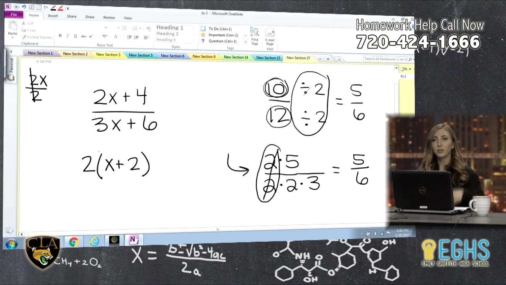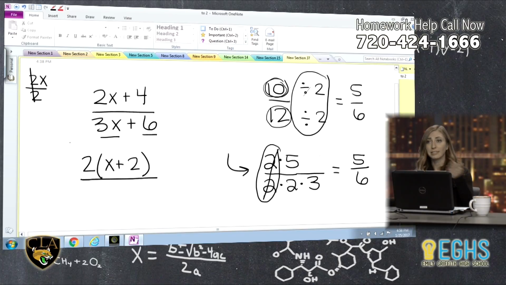There's my numerator, and you can check your work too. I sometimes refer to this as reverse distribution, or backwards distributing. You can check your work by distributing this 2 back in to see if it equals what I started with, and it would. Then on the bottom, we do the same thing. We're thinking of something common that goes into both 3x and 6.